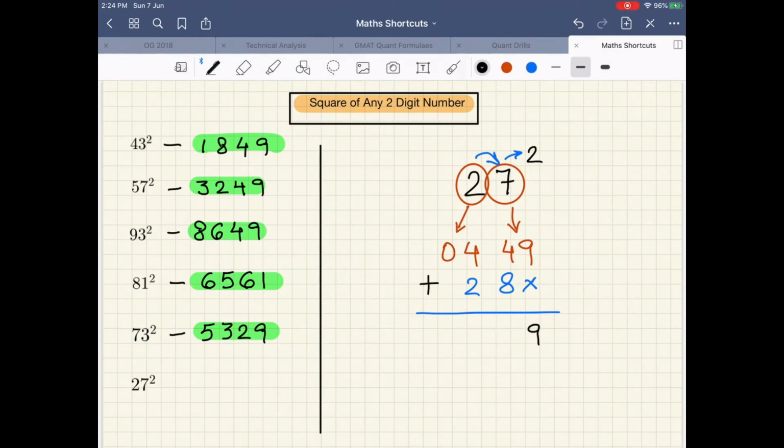So I get 9, 12, 7. So the answer is 729.